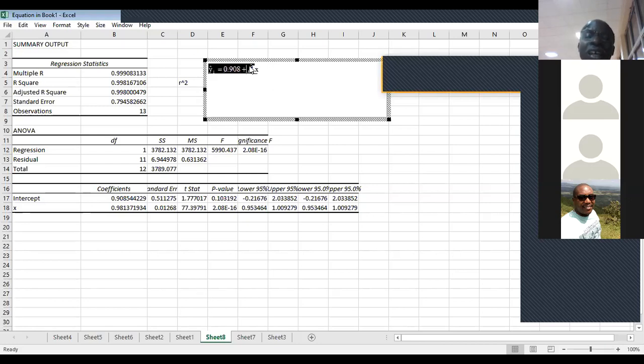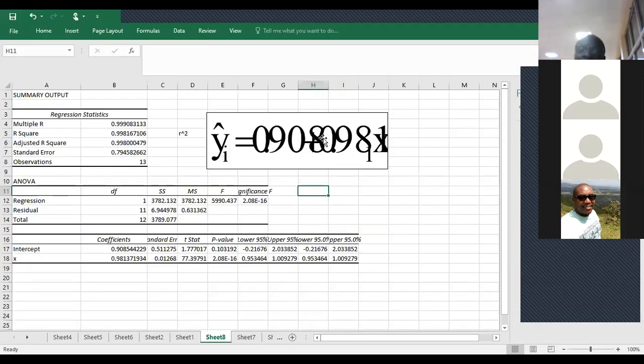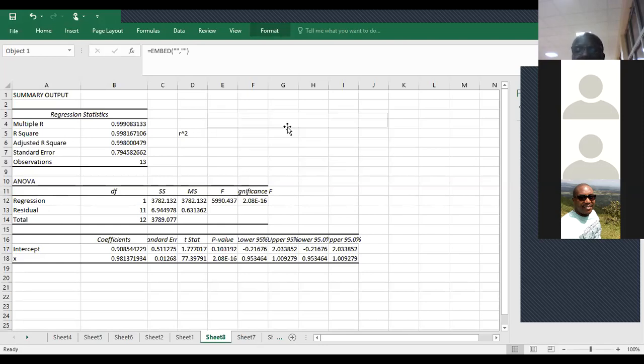Those are the things we got. Just put it here: 0.981x, and that is your estimated regression line. You substitute those values in there, you get your estimated line.